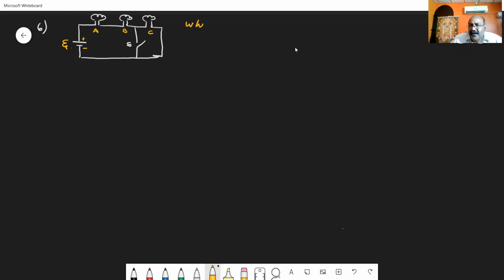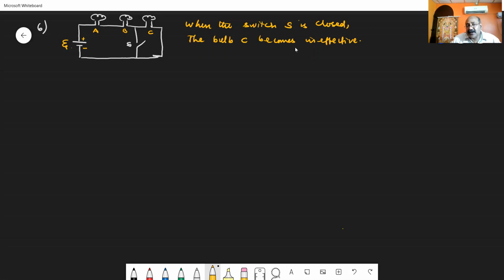See, when the switch S is closed, we can very well say that the bulb C becomes ineffective. The bulb C becomes ineffective because when you are closing S, it is equal to short circuiting.